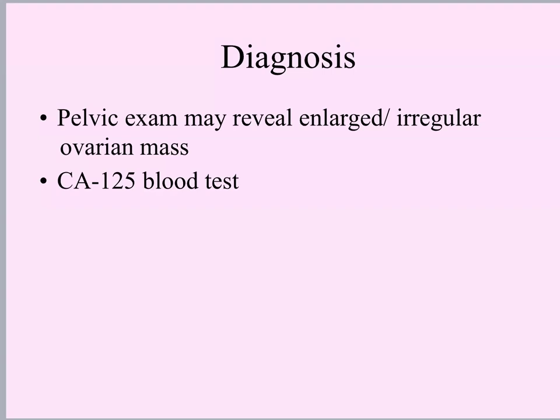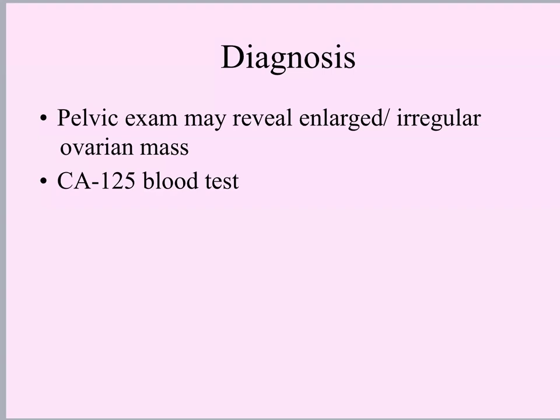What should be occurring when females get general screening, people say pap smears, and a pap smear is a very specific kind of diagnostic test to screen for cervical cancer. But what happens when you're getting that pap smear is also a pelvic exam.